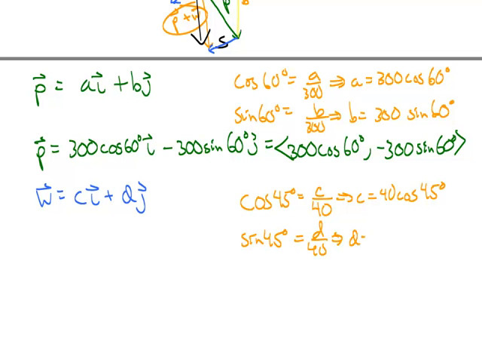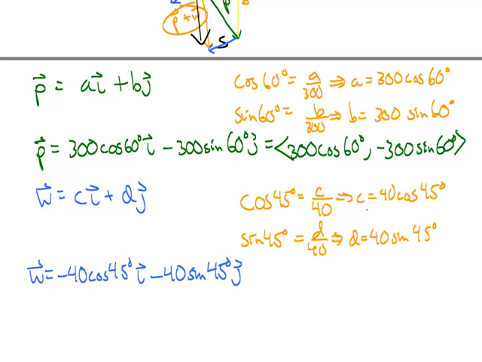It tells me D is 40 sine 45 degrees. Both are negative, so W can be represented as negative 40 cosine 45 degrees in the i direction minus 40 sine 45 degrees in the j direction.